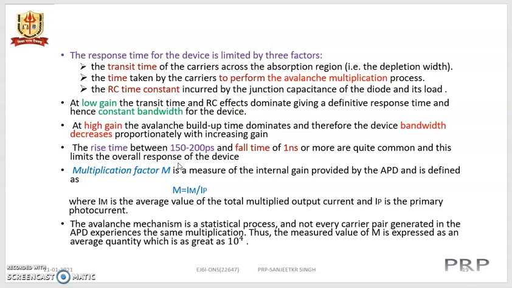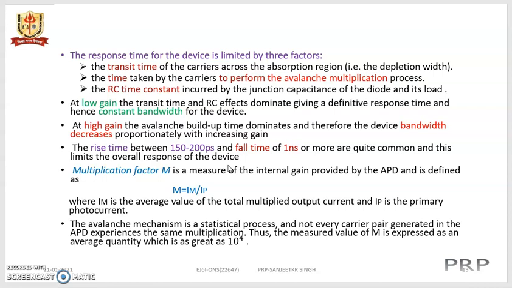The rise time could be between 150 to 200 picoseconds, whereas the fall time is of the order of 1 nanosecond. This is quite common and will limit the overall response of the device.